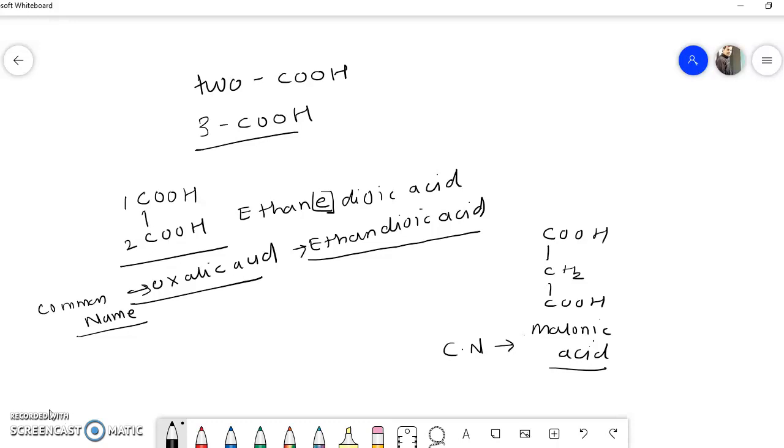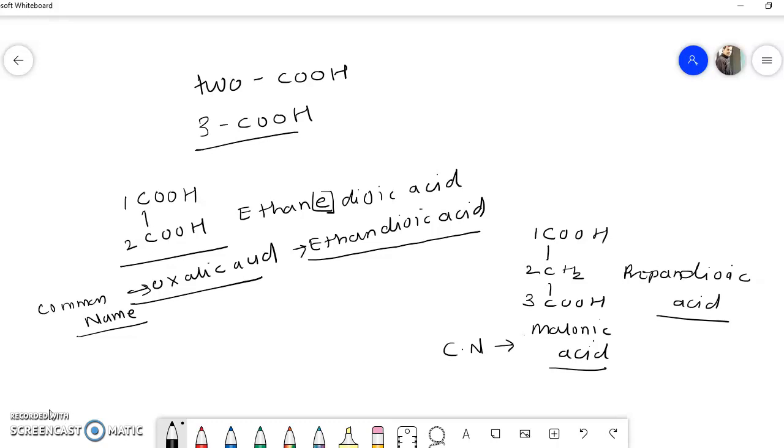So first of all, write down the numbering, 1, 2, 3. That means parent alkane is propane, and I have already explained E we have to replace by dioic acid, because two acid groups are there. So propanedioic acid. This will be the name.